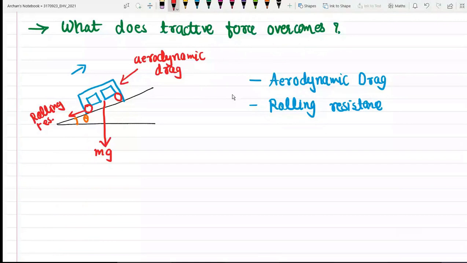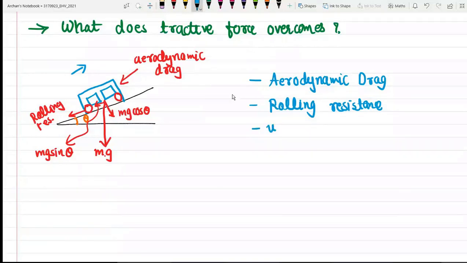This force will have two components, as we have seen. The first component is perpendicular to the road, mg cos theta, and another is in this direction, mg sin theta. This mg sin theta is known as uphill resistance or gradient resistance.